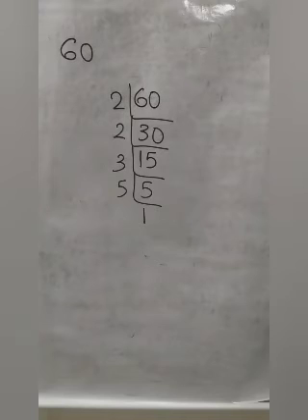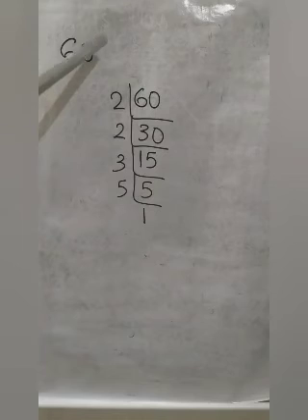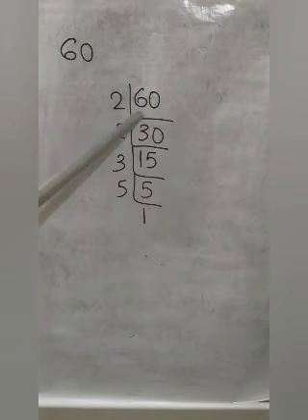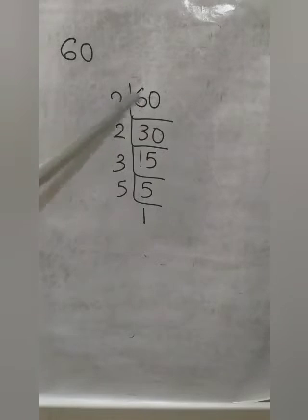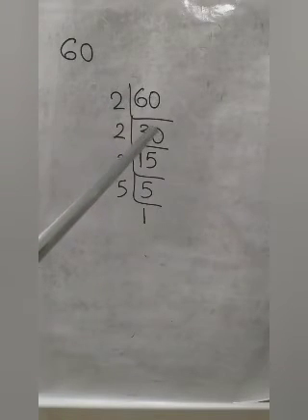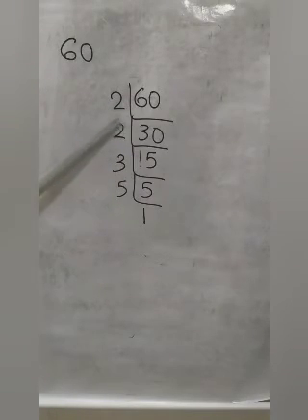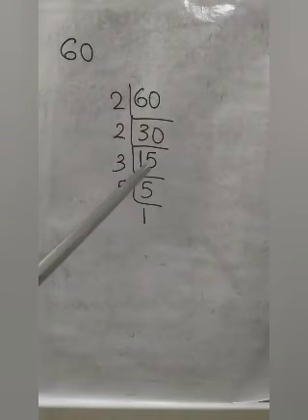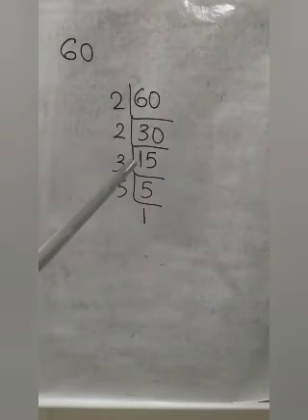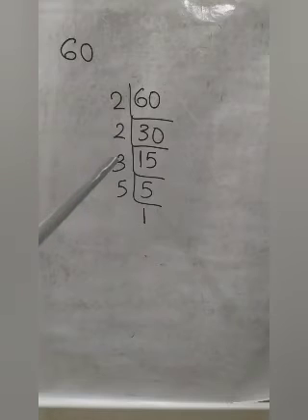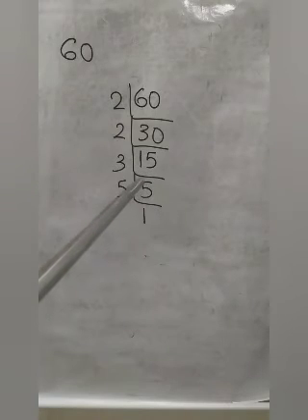One more example, 60. So we are prime factorizing 60 using the division method. Here 60 is an even number, so starting with 2. When 60 is divided by 2, you are getting 30. Again 30 is an even number. Dividing with 2, you are getting 15. Here for 15, either 5 or 3 you can use. I am going with 3. 3 in 15, how many times? 5.